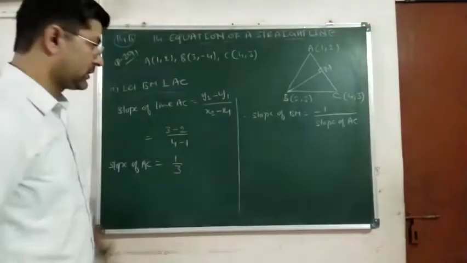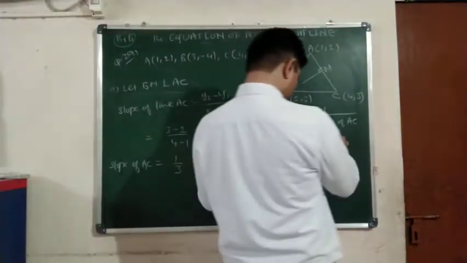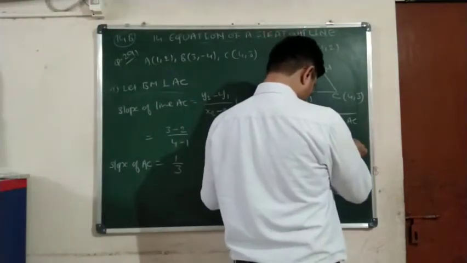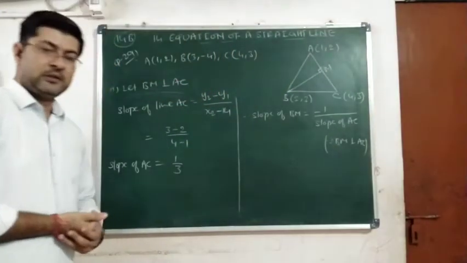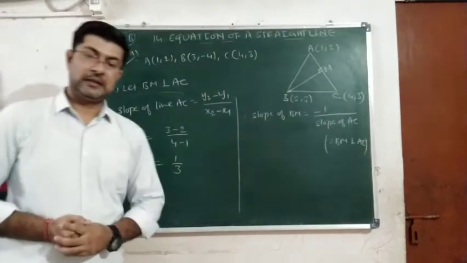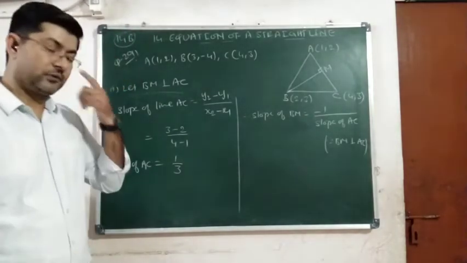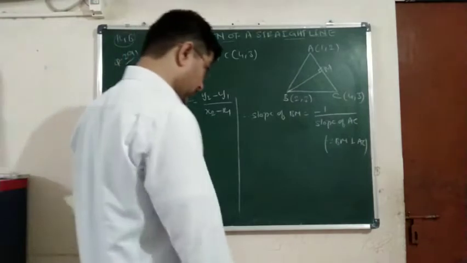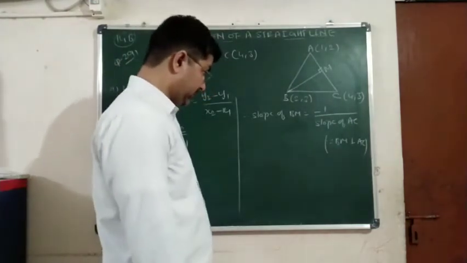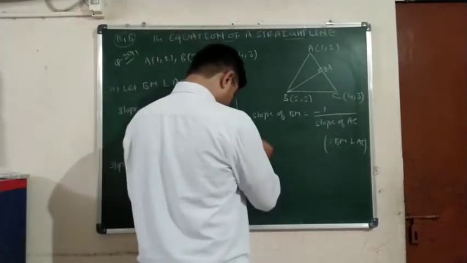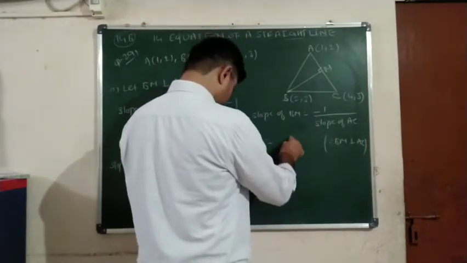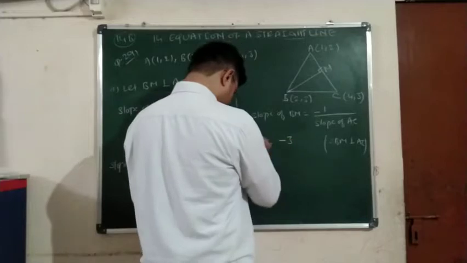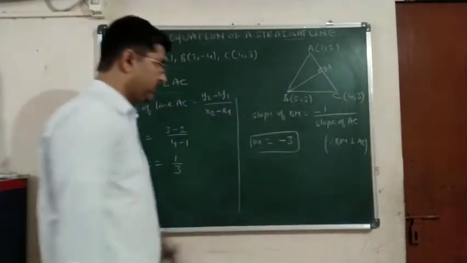Why? Because BM is perpendicular to AC, and slopes of two perpendicular lines are negative reciprocals of each other. So slope of BM, denoted by m, is equal to minus 1 upon 1 upon 3, so it will be minus 3. Clear? So we got the slope of BM.